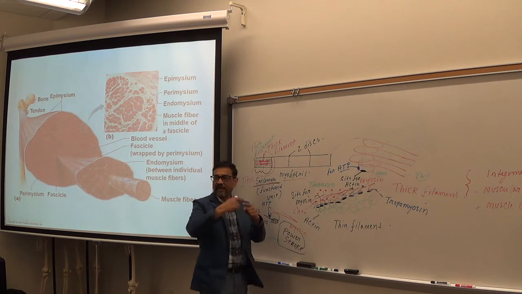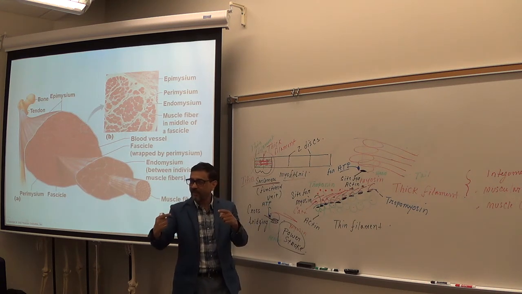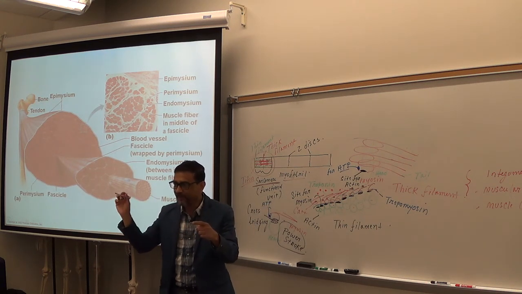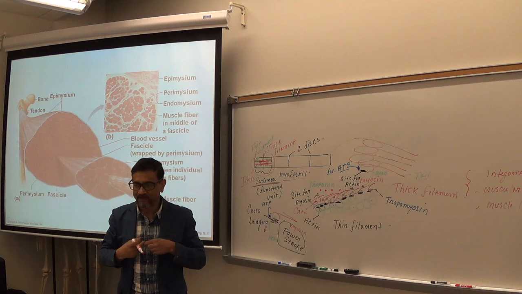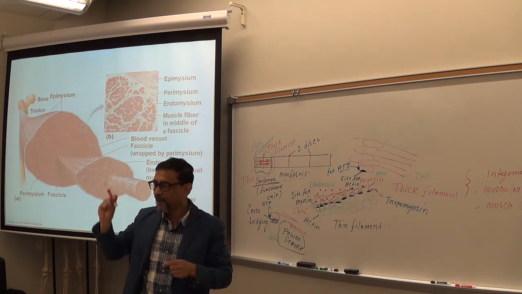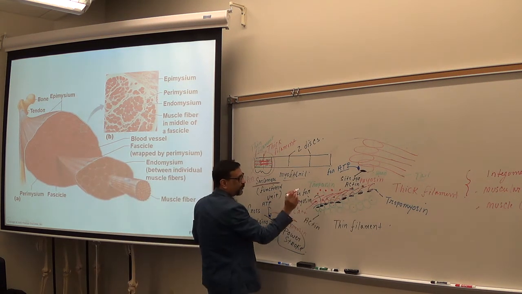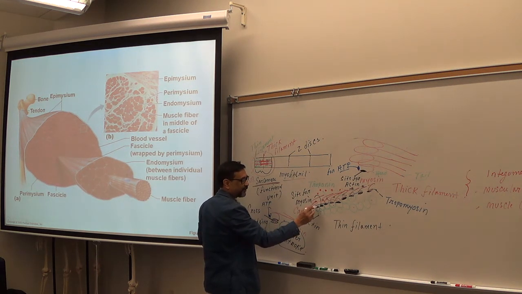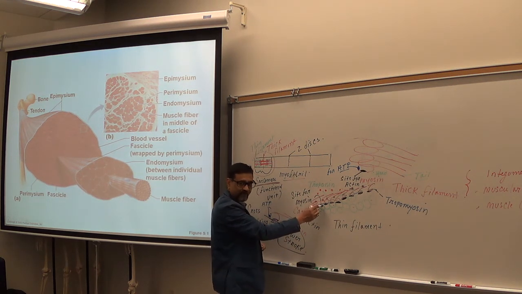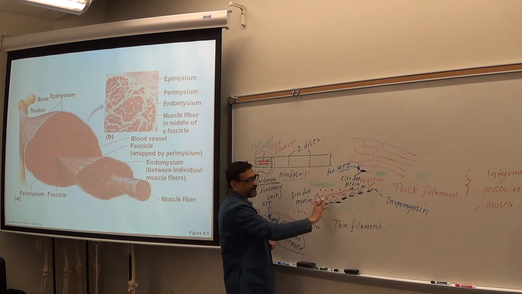Two chains. And chains are formed by actin balls, right? It's like a necklace of beads. And an actin ball has a binding site for what? Myosin, right? Okay, so that is the thin filament.